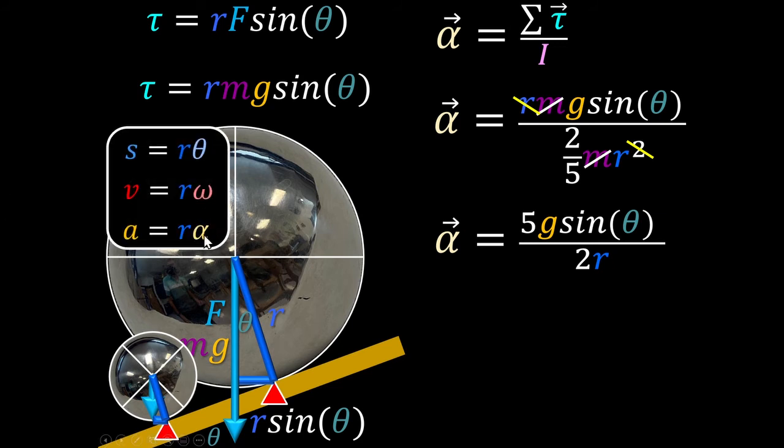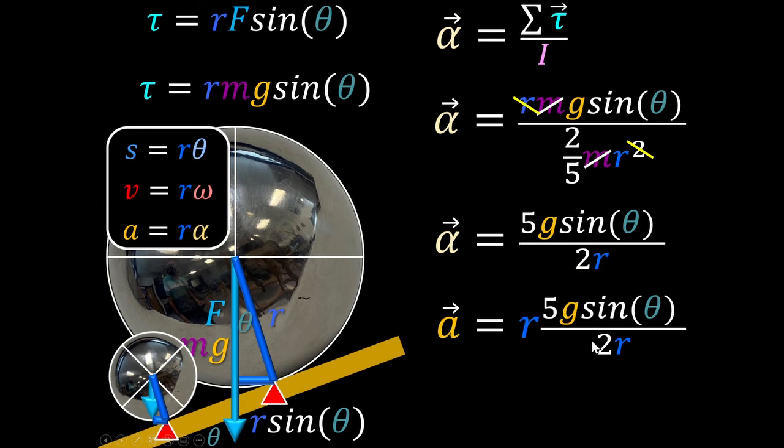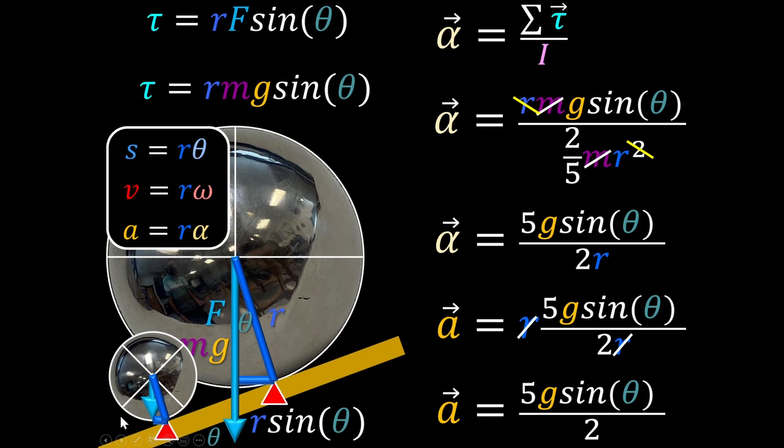But remember, we can convert an angular acceleration into a tangential acceleration by just multiplying by the radius. So we're going to take that angular acceleration and multiply by the radius. Now there's a radius on top and a radius on the bottom. Both of these balls, the rim of this ball, the tangential part of it is going to have the same acceleration regardless of mass and regardless of size.